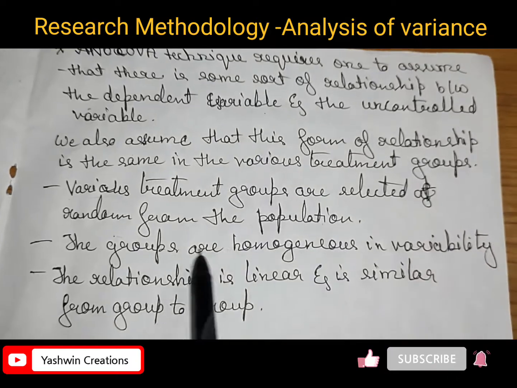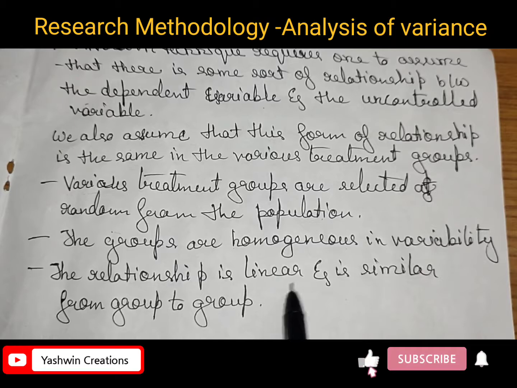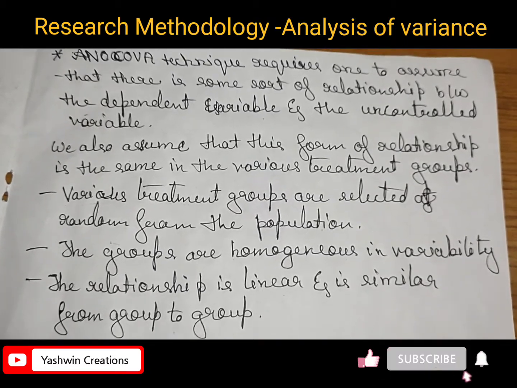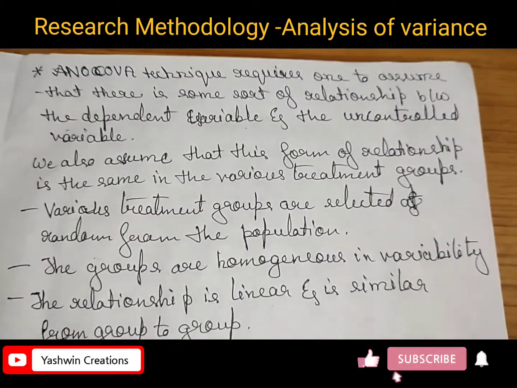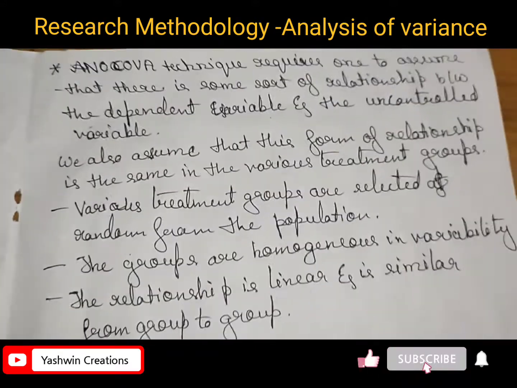The groups are homogeneous in variability. The relationship is linear and is similar from group to group. So this is just a few points on analysis of variance, and some important formulas I have also mentioned.